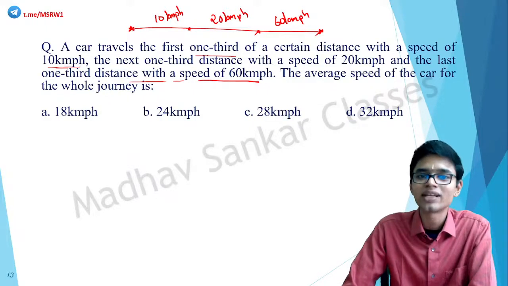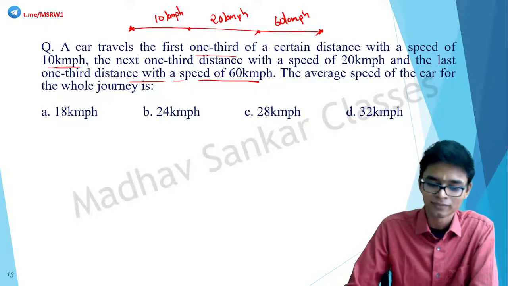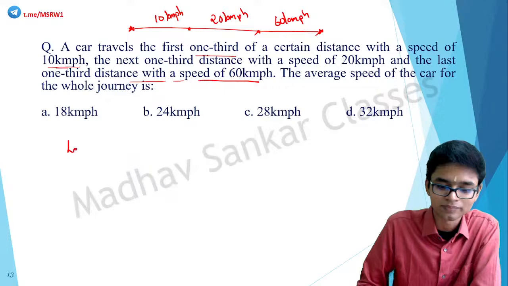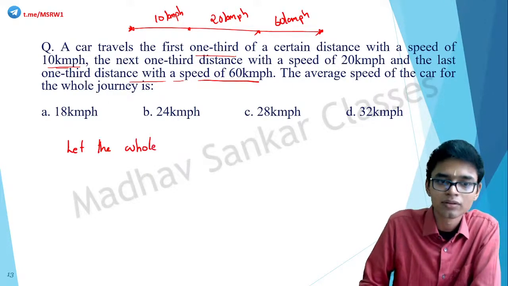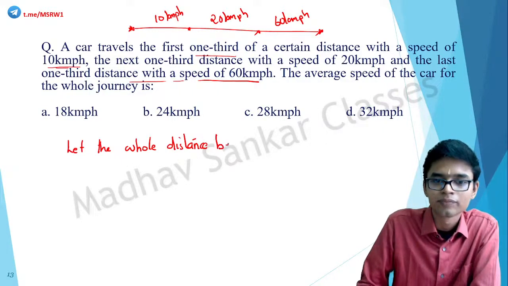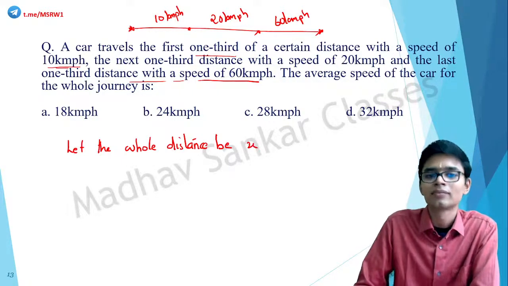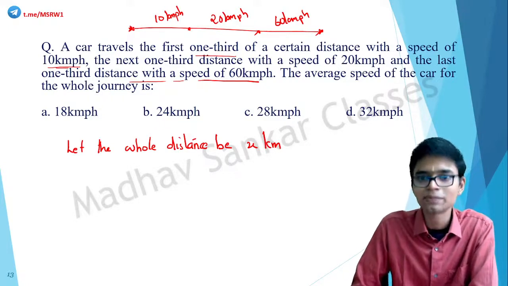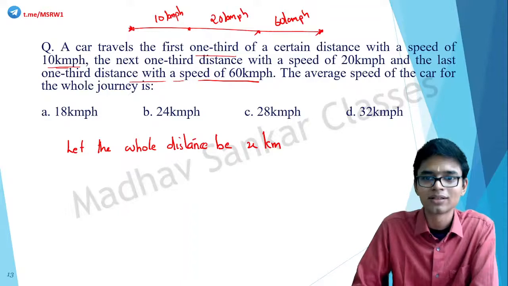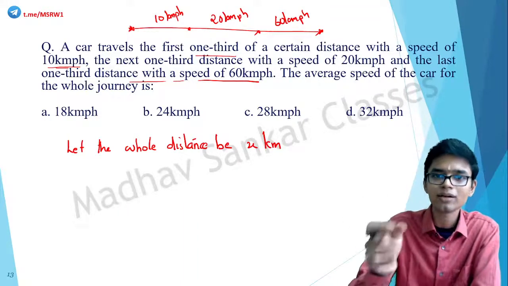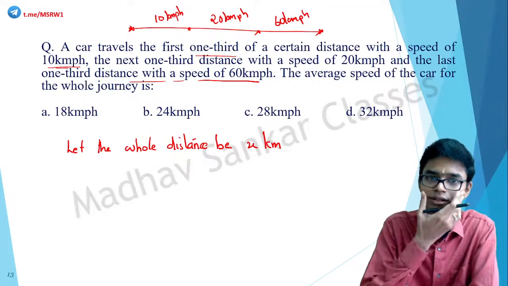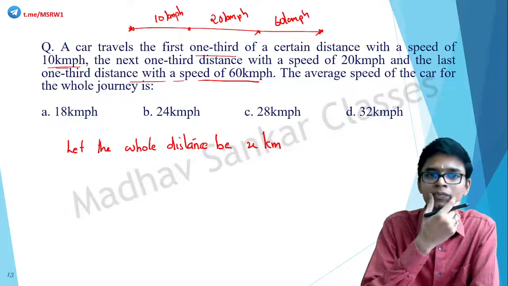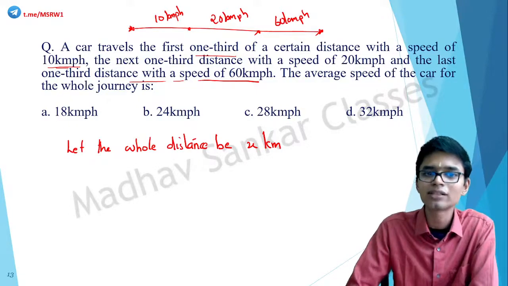Okay, so what is the average speed? Let the whole distance be x kilometers. Correct? If we have to find the average speed, then we have to find the speed first, with the formula distance by time. For each 1/3 the speed is given.